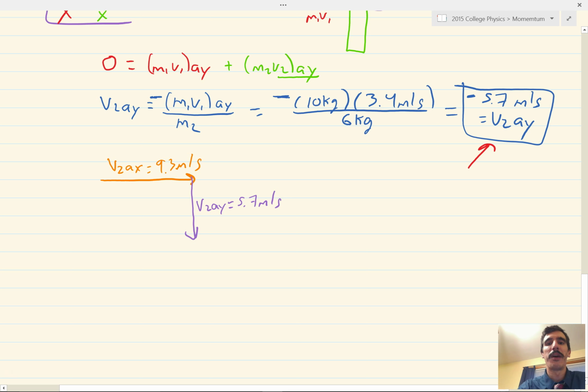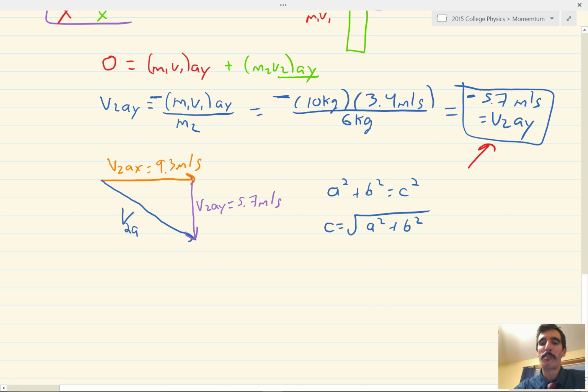And we want to solve for the actual velocity of the object, the resultant velocity, and that's just v2 after. So we've got a right triangle. We're going to use right triangle trig, and right now we can use Pythagorean's theorem. A squared plus b squared equals c squared, where c is our hypotenuse. We'll get that by itself, so c is the square root of a squared plus b squared.